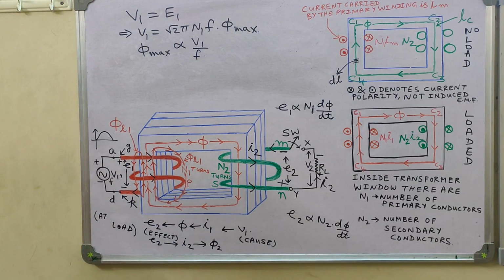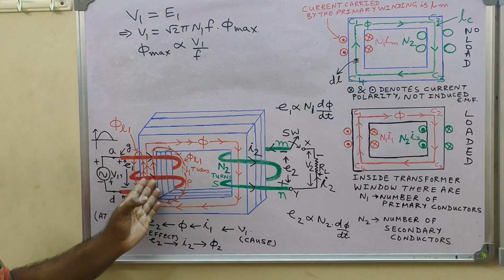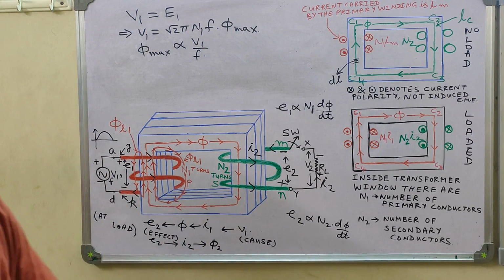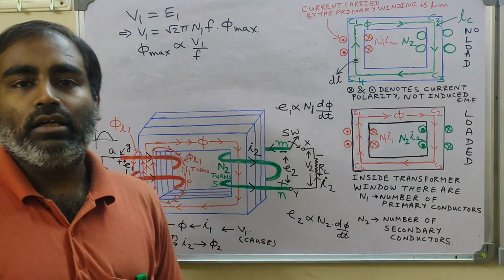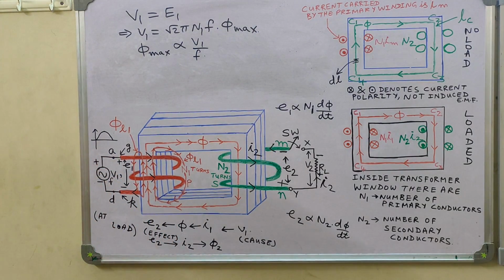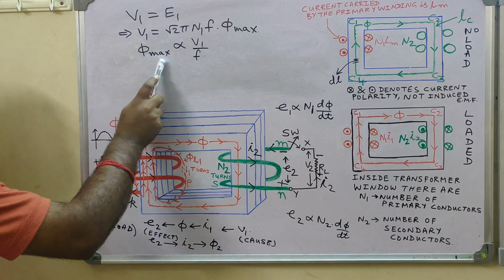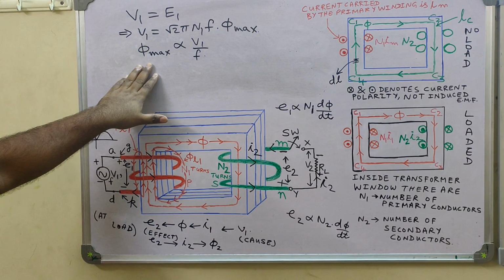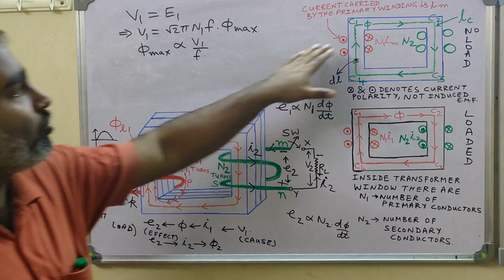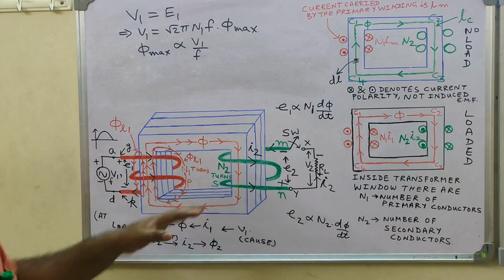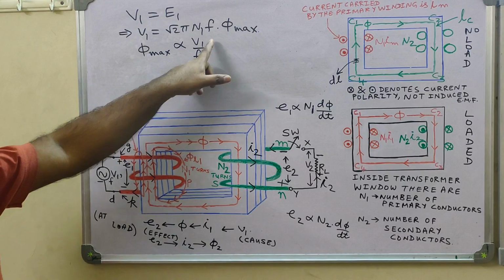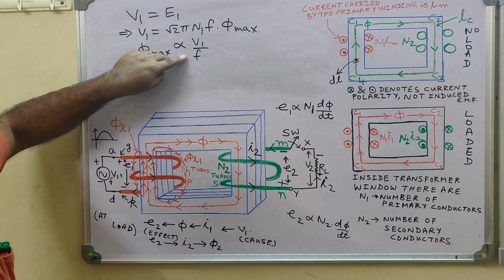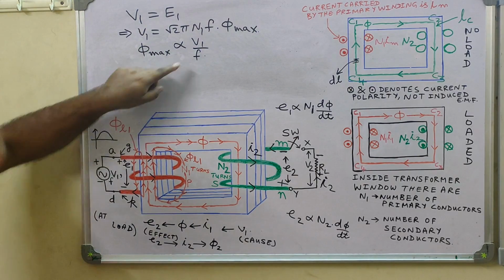That means the maximum value or the peak value of the flux in the transformer magnetic core is not going to change, whether it is loaded condition or unloaded or no load condition. So this is a very important point which we keep in mind, that the level of flux in this transformer magnetic circuit is decided by the RMS value of the applied voltage, V1, and the frequency of the applied voltage, f.